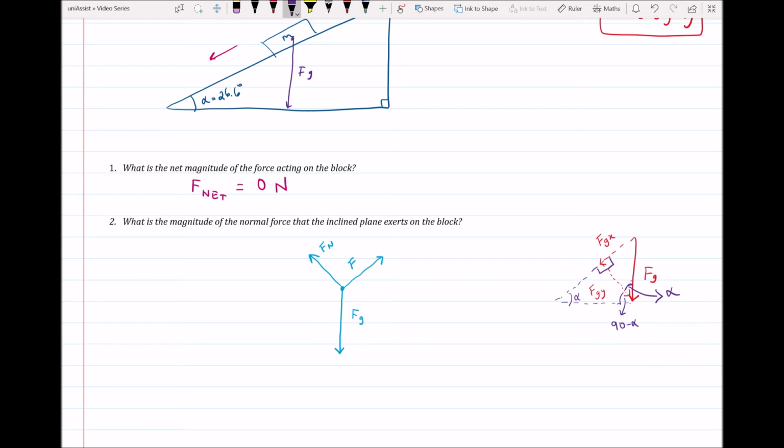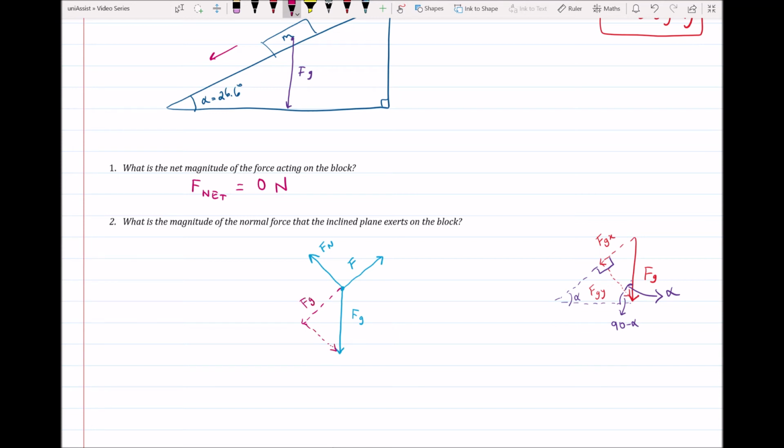So now we can define our Fgx and Fgy. I'll draw it back here again for illustration.